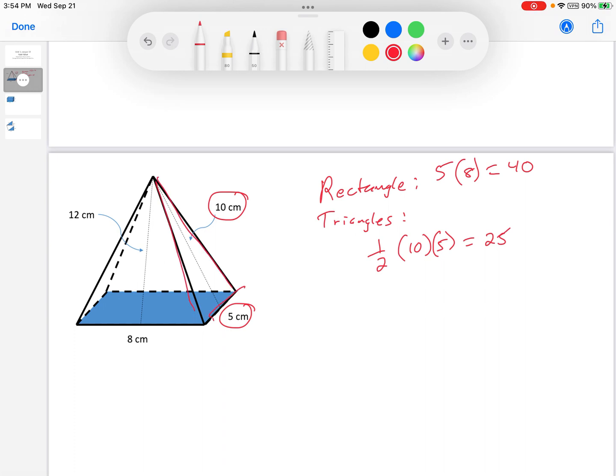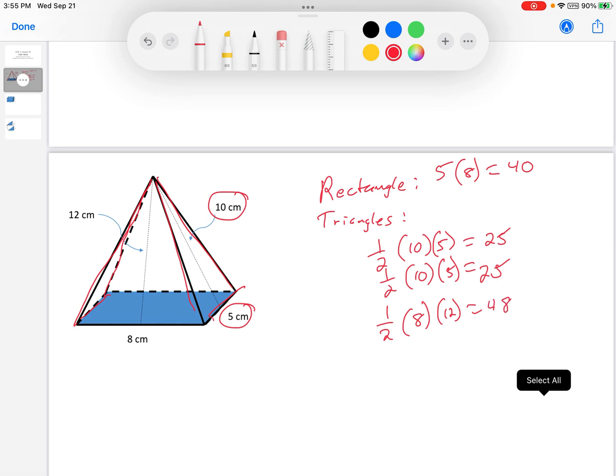And there is a congruent triangle on the opposite side, so I will put another 25 down. 1/2 times 10 times 5 for the opposite side. The other triangle is 8 by 12, so 1/2 times 8 times 12. And 1/2 of 8 is 4, and 4 times 12 is 48. And remember, there is an opposite triangle on the back, therefore it is 1/2 times 8 times 12 also.